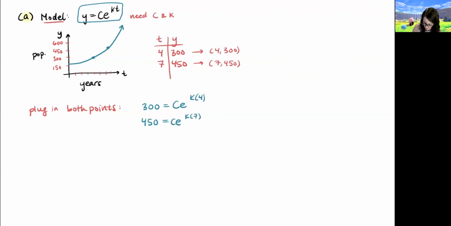I'm just going to write this a little bit better. I don't like that k times 4, I'm just going to write that as 4k. And I don't like that k times 7, I'm just going to write that as 7k. Okay, now we have two equations, and we have two things that we want to solve for.